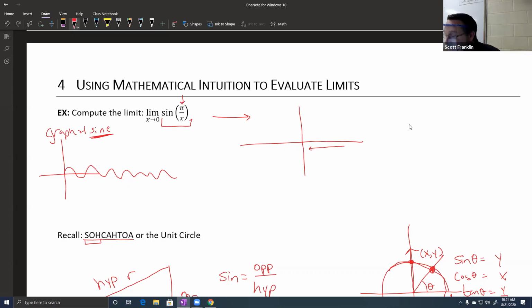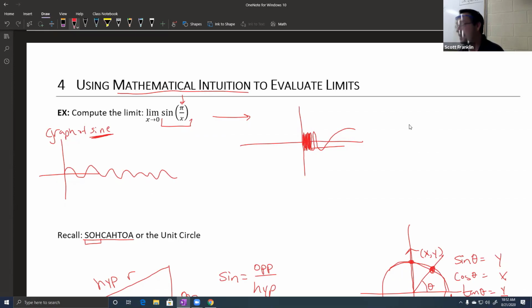Okay, the graph ends up looking something like this. It bounces back and forth, back and forth. The closer I get, it bounces back and forth. So from this graph, which you could get, by the way, by plugging into a graphing tool, but you can also reason out with your mathematical intuition, what does it appear is happening to the limit as x goes to 0?